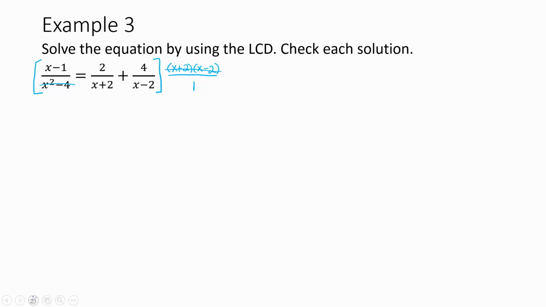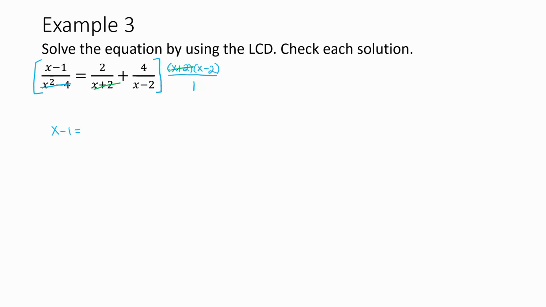So those cancel on that first one, which is nice. And then it's helpful to write it out like this so that we can see exactly what cancels on the other two fractions. So it cancels this out entirely and leaves us with x minus 1. The x plus 2's would cancel.